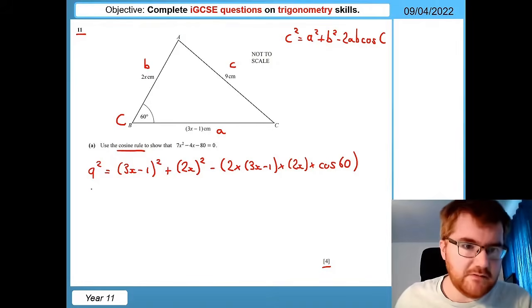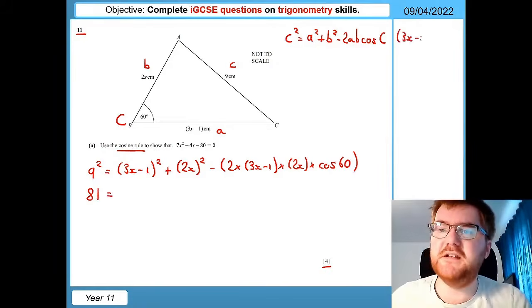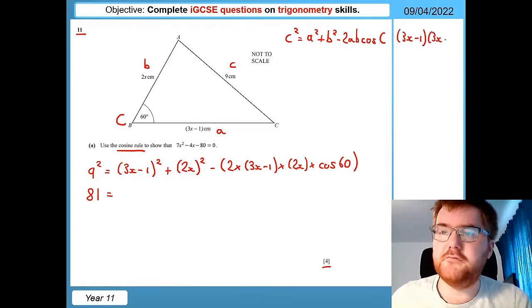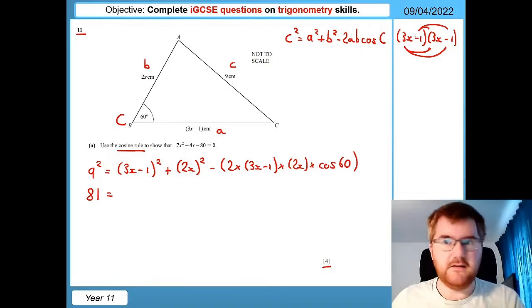And now let's work some of these things out. Well, 9 squared is equal to 81, so that's fine. 3x minus 1 squared. Now remember, that's the same as timesing it by itself. So 3x minus 1 times 3x minus 1. And now we're going to use FOIL. So that's first, outside, inside, last, to make sure we multiply it out correctly.